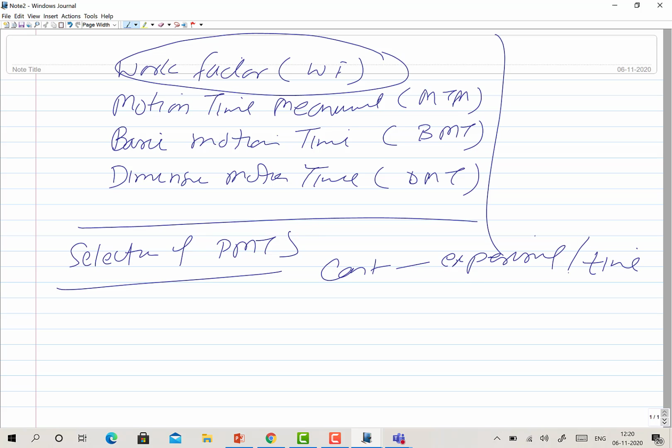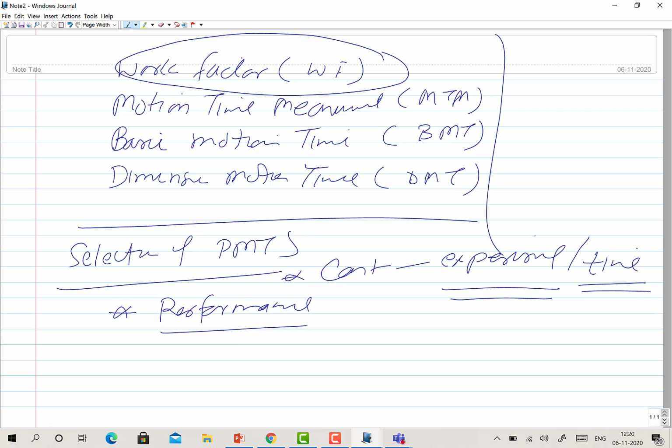So the cost associated with the expertise requirement and the time requirement, both lead to a somewhat costly affair related to the use of PMTS. Different systems will cost in different ways, because the extent of analysis involved may be different, and their approaches may be different. Then the second one is the performance level.